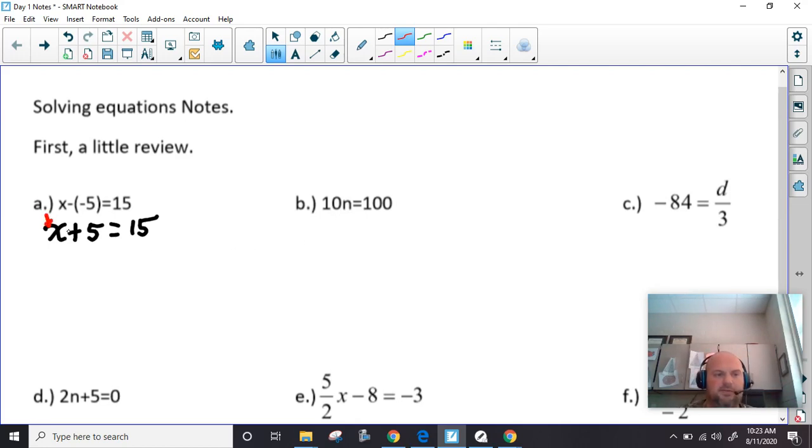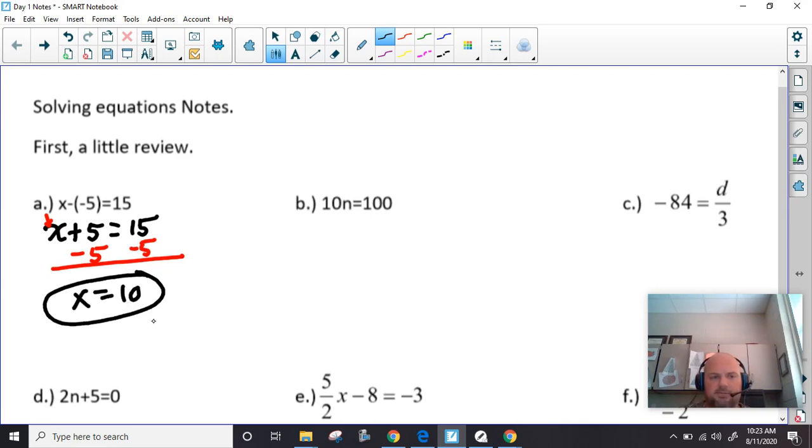If this is the variable, 5 is being added, so I get to subtract it. Okay, so I get x equals 10. Ta-da! And we're done. Now some of y'all may remember, number and a variable are side by side, you have to divide. So just divide by 10, we get n equal to 10.